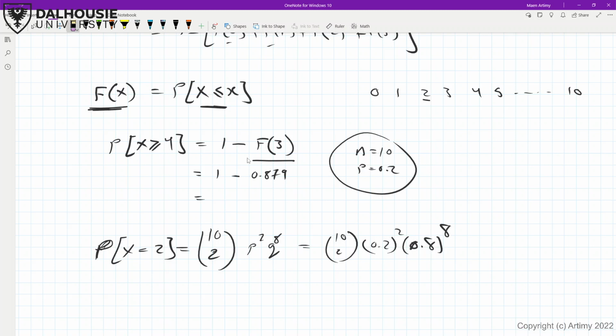So if I look at the CDF, F(x) minus F(x minus 1) gives me the probability of x. If I'm looking for number 2, I can subtract the probability, this one, from this one, so I get only 2.